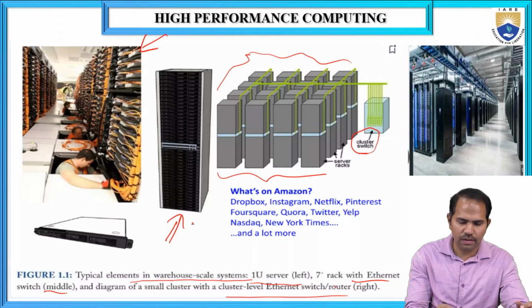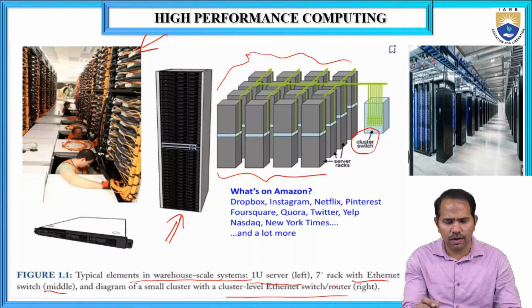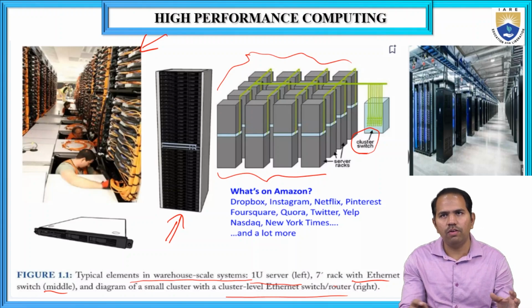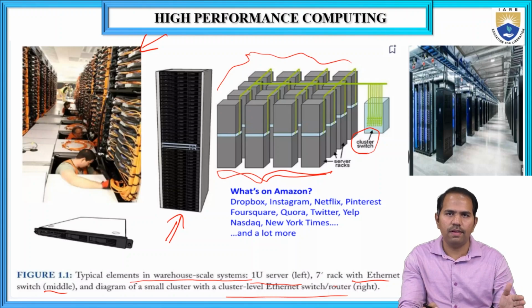In the middle, we maintain a rack with the Ethernet switch. This is the cluster level, where a group of systems are connected with cluster-level Ethernet switches or routers. The duty of a router is providing routes to different packets.